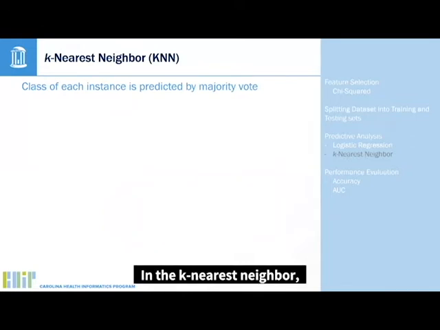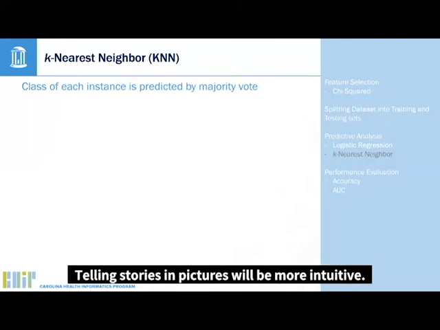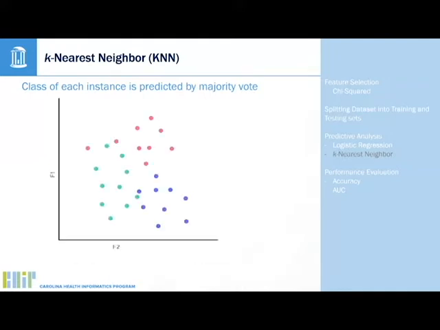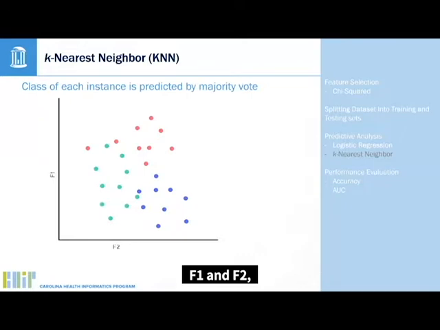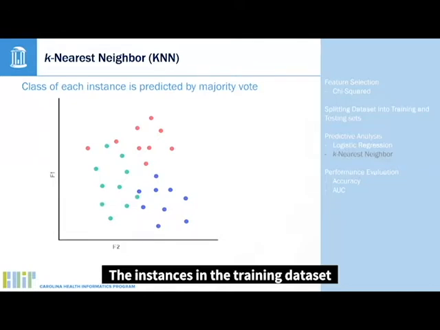In the k nearest neighbor, or KNN, the class of each instance is predicted by majority vote. Telling stories in pictures will be more intuitive. Suppose we have only 2 features, F1 and F2, and there are 3 classes: red, green, and blue. The instances in the training dataset are distributed like this.